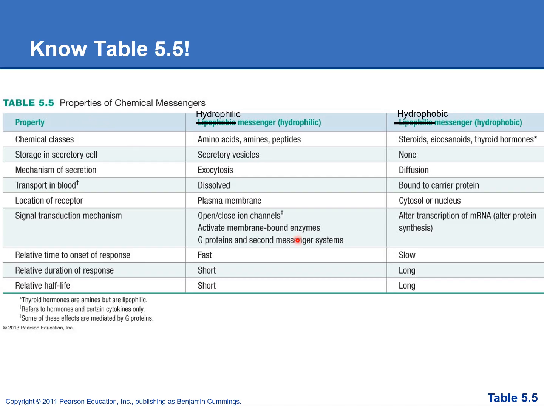So I would definitely spend some time studying these, because you can see me writing some test questions, knowing the difference between the hydrophilic and hydrophobic messengers and how they work, which chemical classes each one is, how they're transported in the blood, where receptors are located, how they're released from the secretory cell, how fast the response takes. So there's all kinds of stuff I could ask from this table. So that would be important to know too.